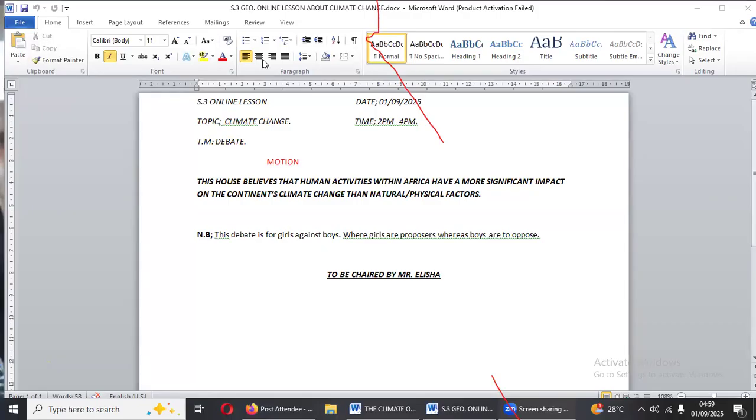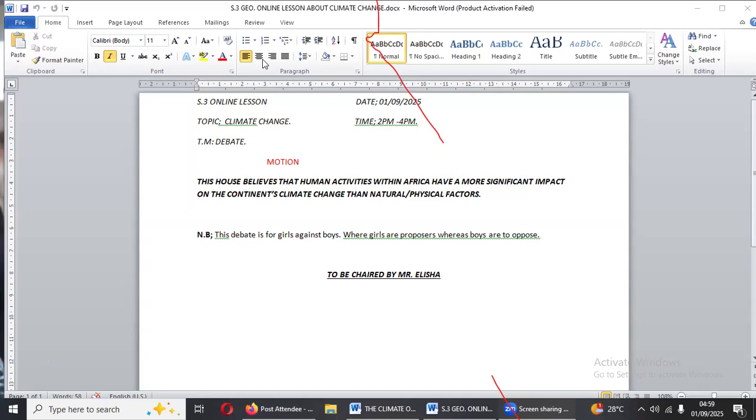Now, what is the other thing? We need to look at the fact that what the team negators say, that it is natural factors which are causing a more significant impact on the continent's climate change, is actually true. But let's look at the fact that natural factors are happening less.